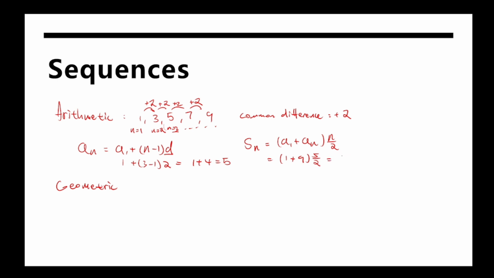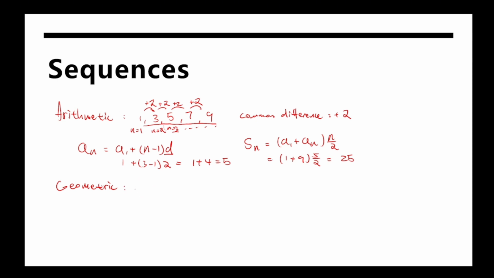This gives us 25, and we can check this by adding all these together. 1 plus 9 is 10, 3 plus 7 is 10, and 5. 10 plus 10 plus 5, 25. All makes sense. And now geometric sequence.